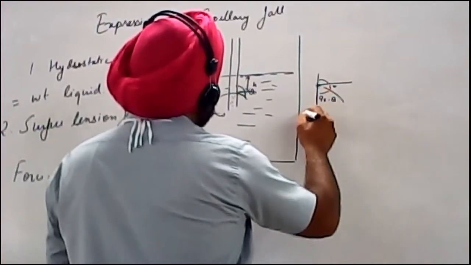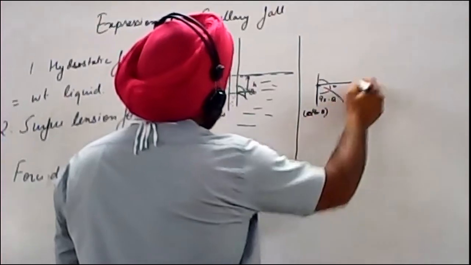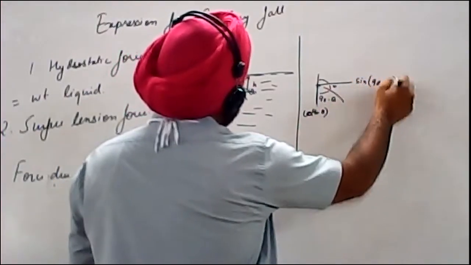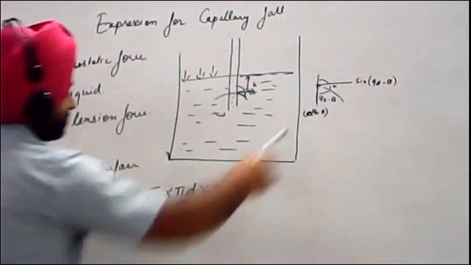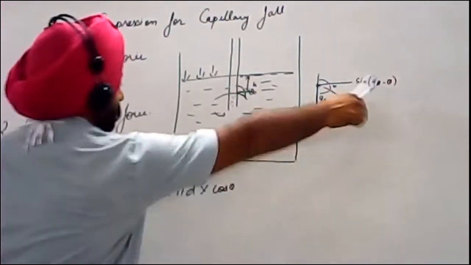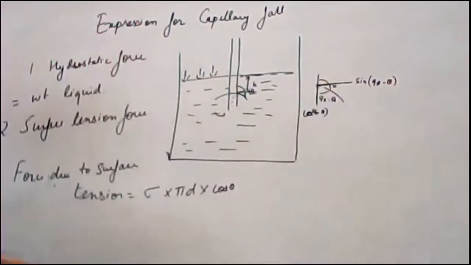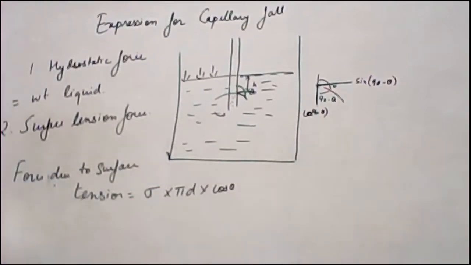One will be cos of 90 minus theta, and the other is sine of 90 minus theta. The force that we are going to take is cos of theta, since sine of 90 minus theta is equal to cos of theta. You have to take this component. So force due to surface tension is equal to sigma into pi d into cos of theta.